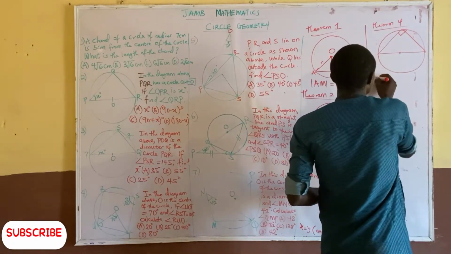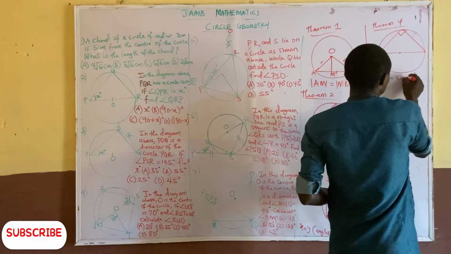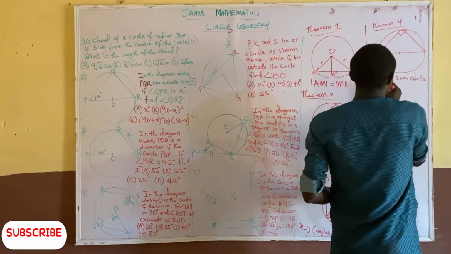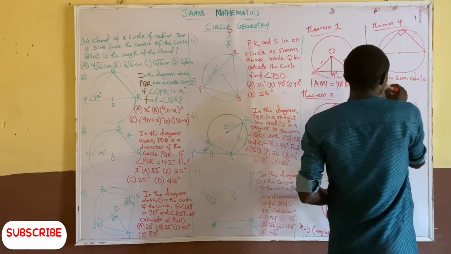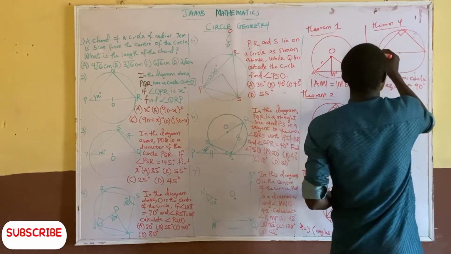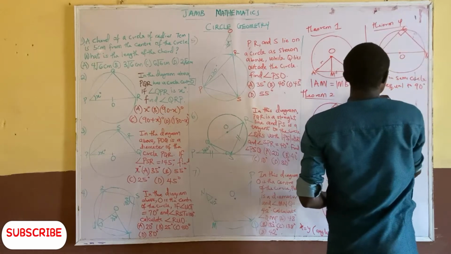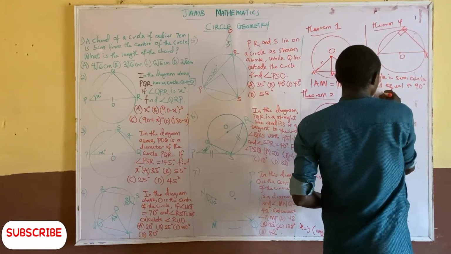So angle in a semicircle is equal to 90 degrees. Here now if I label this one O, A, B and C, angle A, C, B.